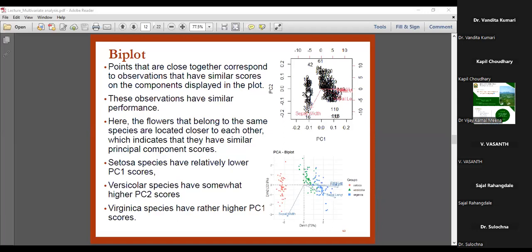The points that are closer to each other have similar principal component scores and similar performances. And also we can see that the flowers, meaning the species of the data set, are closer together. See, species like Setosa are all coming closer to each other in one place. That means these have similar principal components.